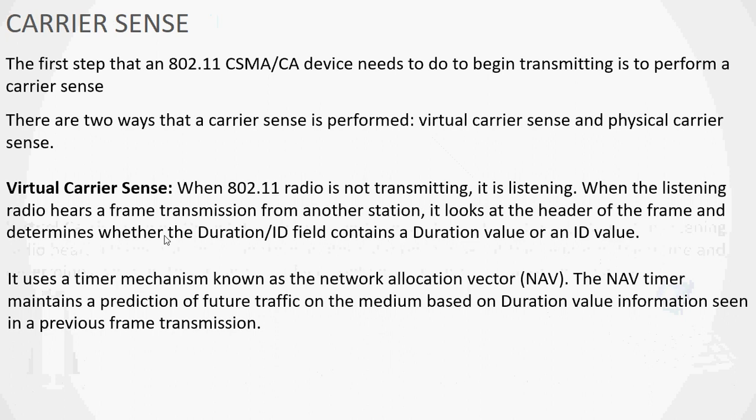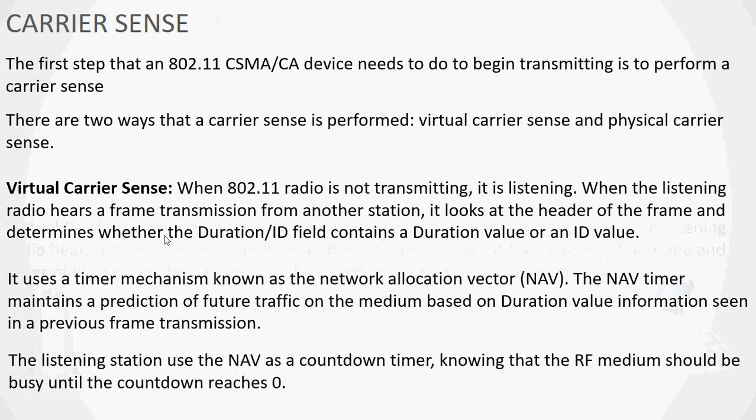The NAV timer maintains a prediction of future traffic on the medium based on duration value information seen in previous frame transmissions. So it will set a NAV timer with the duration field of the transmitting frame, and once that time expires, only then will it send, else it would not send.